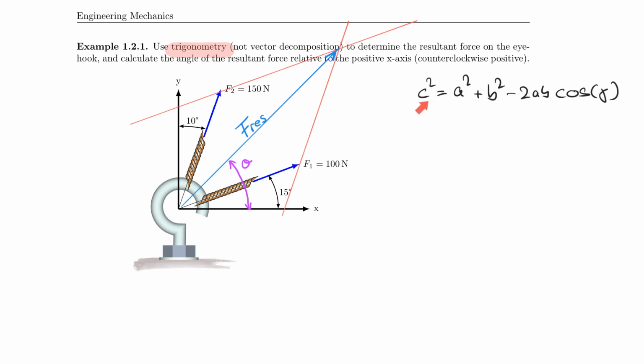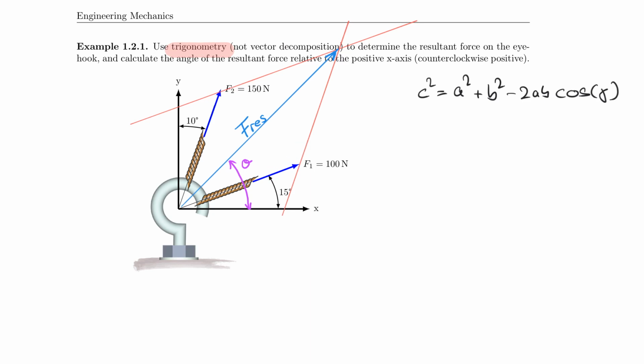I would argue that it is easiest to look for the F resultant, so F resultant would be my c, and then I have a and b. All that's left is to find the angle gamma, the one between a and b, right? It's the angle right here.